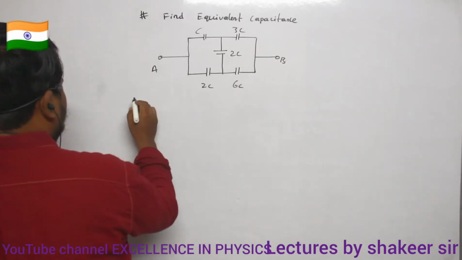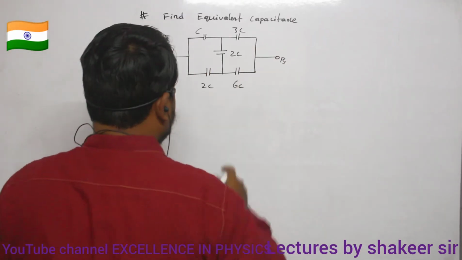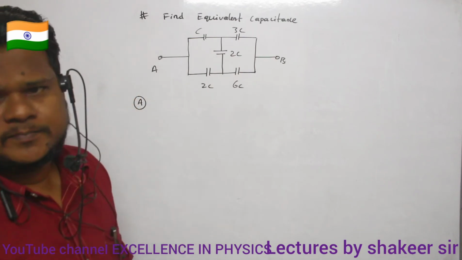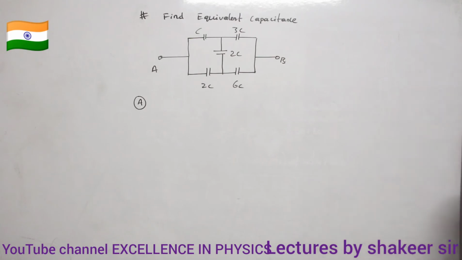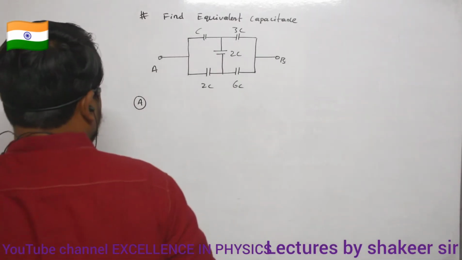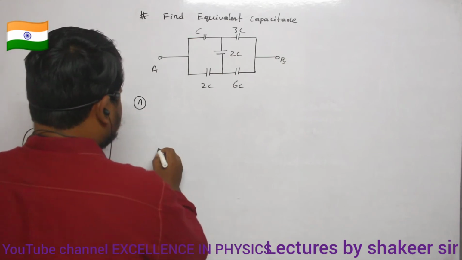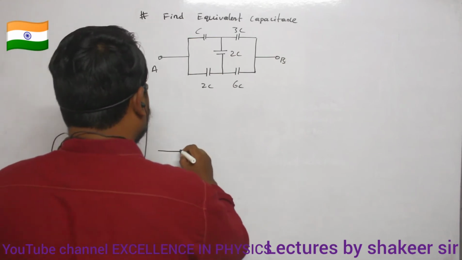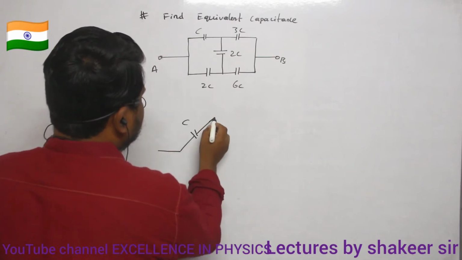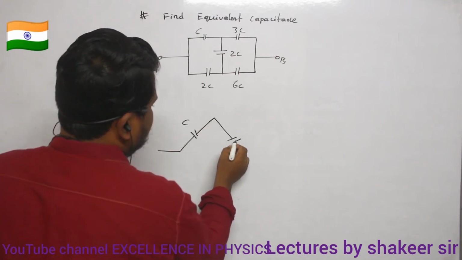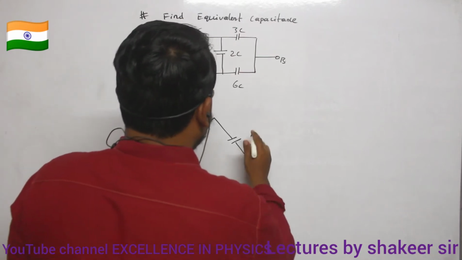Find equivalent capacitance between these two points A and B. Okay. So can anybody say how can I solve this question? See, this circuit I can redraw like this. So this is one capacitor of capacitance C. This is another capacitor of capacitance 3C.